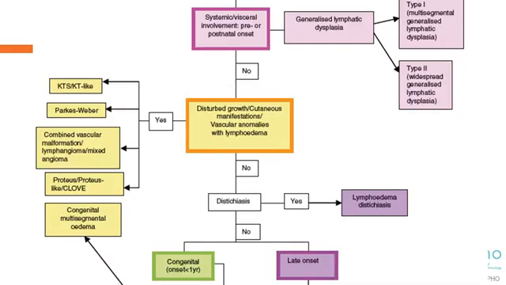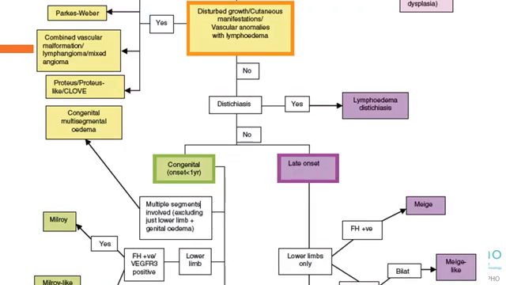And the answer to that is no as well. Or in the yellow box outlined in orange, is there any disturbed growth or cutaneous findings or vascular anomalies which would suggest KT, Parkes Weber, Proteus, or CLOVES? Again, in the case of both patients, the answer is no. Does either patient have a second row of eyelashes? No.